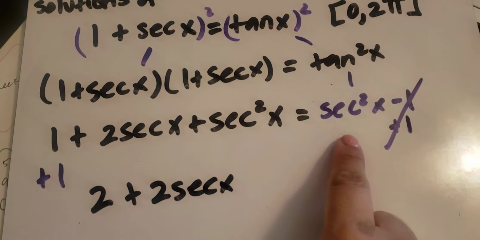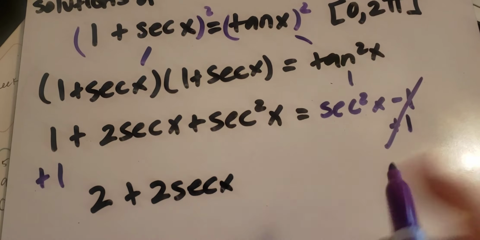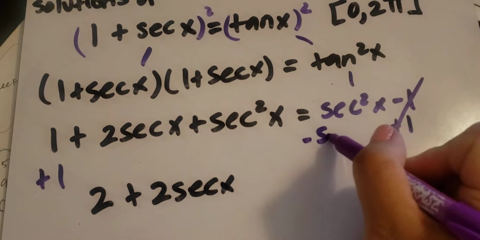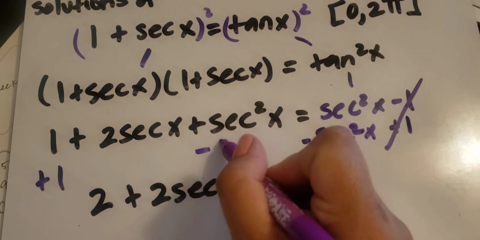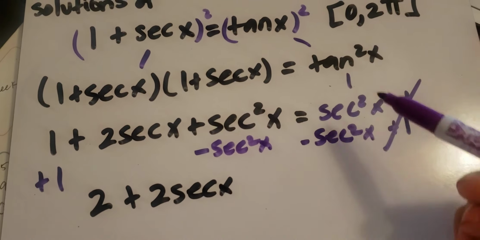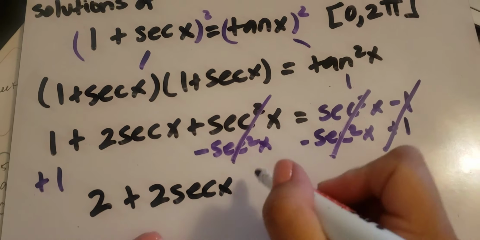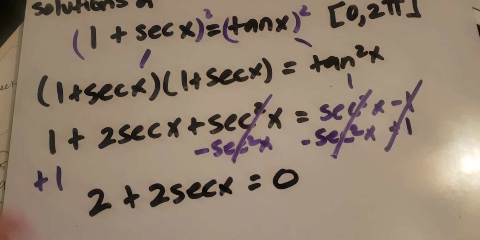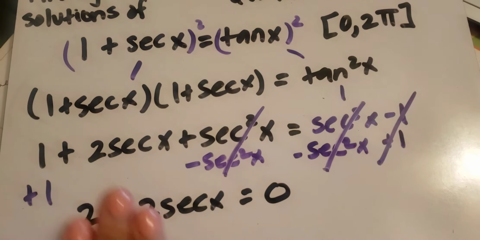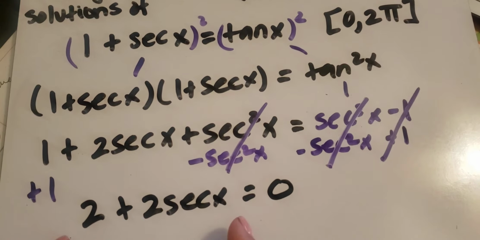And then we're going to move secant squared x to the left-hand side, so I'm going to subtract. In doing so, this secant squared of x will cancel, and so will it here. So all we're going to be left with is 0.